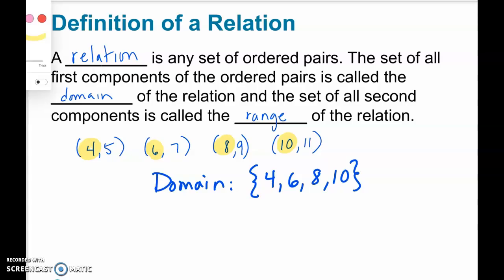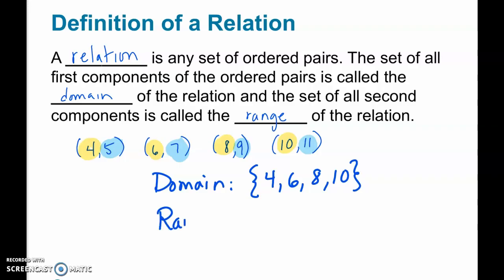The range, it says here, is the set of all the second components. So all the second components. This would be the list of the range.